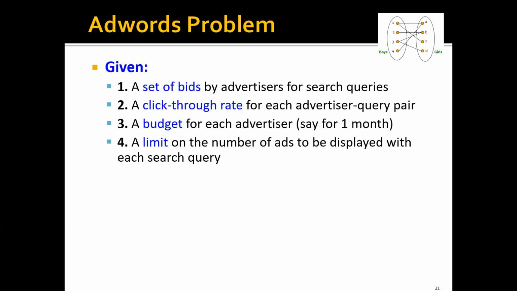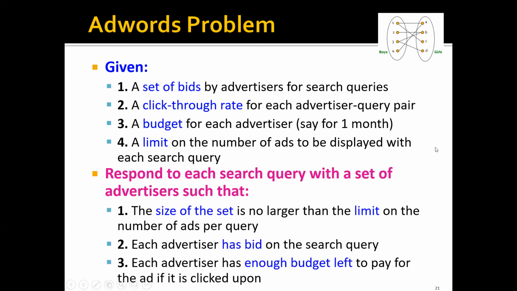Once this budget is exhausted, the search engine will no longer show ads from this advertiser. We're also given a limit on the number of ads to be displayed with each search query, because you have only so much space on the front page of your search engine, so maybe 1, 2, or 3 slots where you can put in your ads.